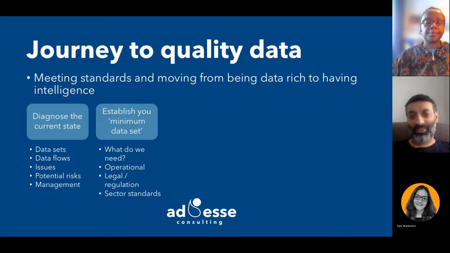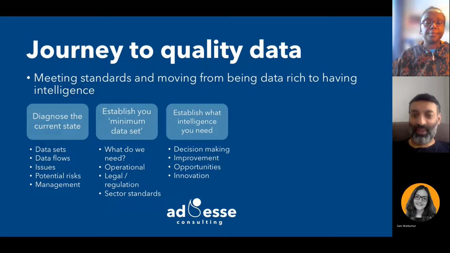For us, the next one builds on that, and it's really what intelligence do we need. So it's asking first, what do we want to draw from our information? What's going to help us make our decisions, or better decisions? What's going to help us take advantage of opportunities that come up, or innovate, or improve?